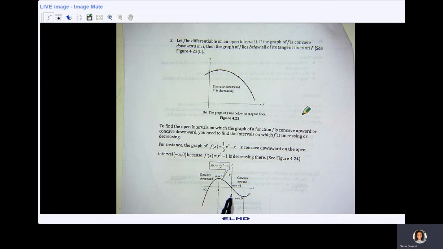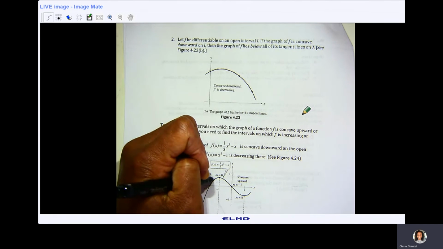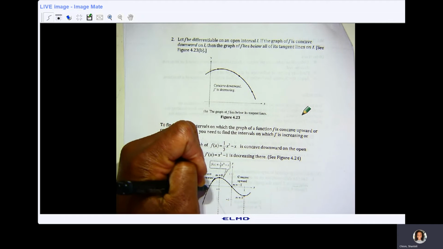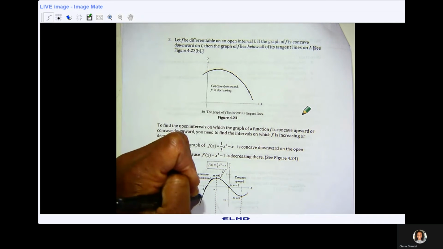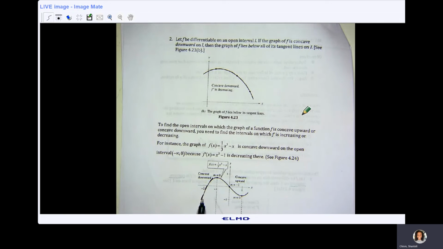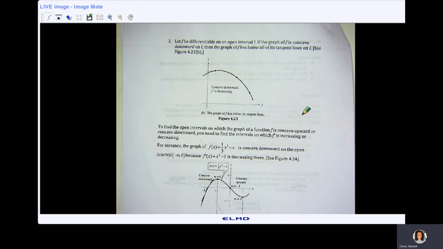But if we focus on the interval from negative infinity to 0, we can see that the function is concave down. And if we draw tangent lines, all of our tangent lines along this part of the graph lie above the actual function. Okay, so it is concave downward, which means your derivative is actually decreasing here.